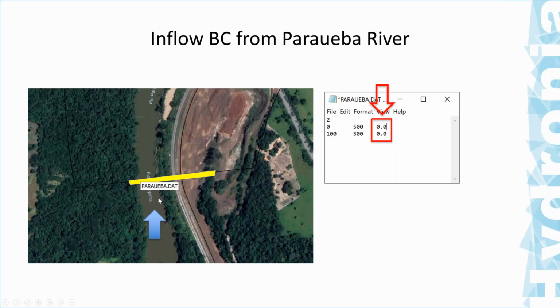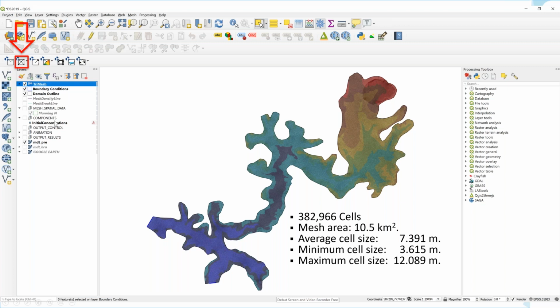The inflow from the Paraueba River included the discharge that was set to 500 cubic meters per second constant, and also, for this simple example, we use only one fraction, and the fraction has concentrations of 0. So we assume that we have clear water coming from the Paraueba River. Once we have the boundary conditions here, we also have an outflow boundary here that is a free boundary in this case.